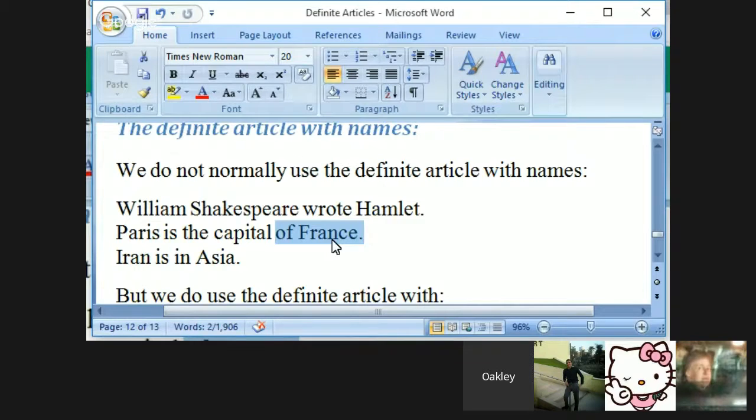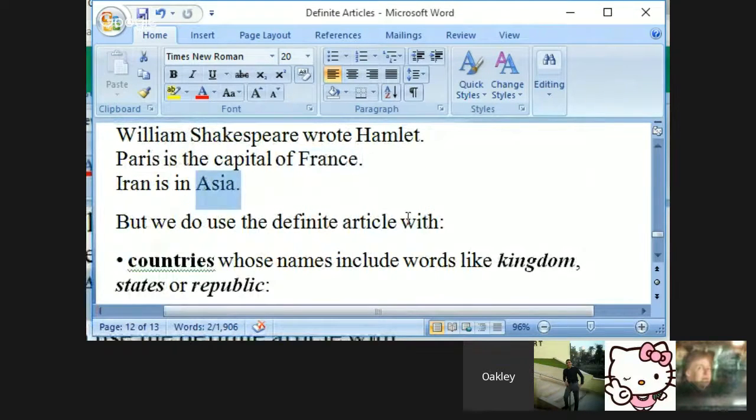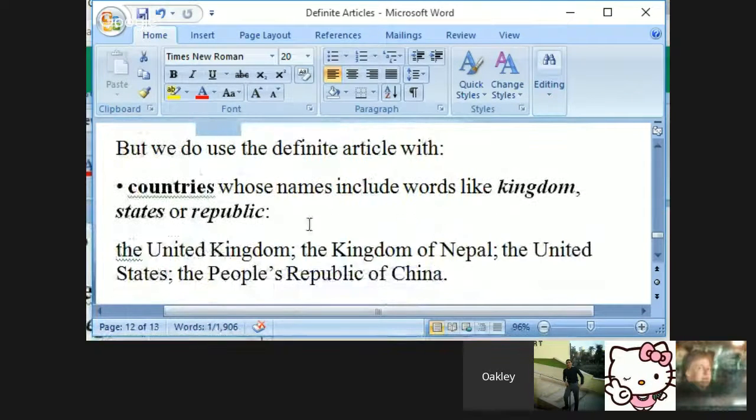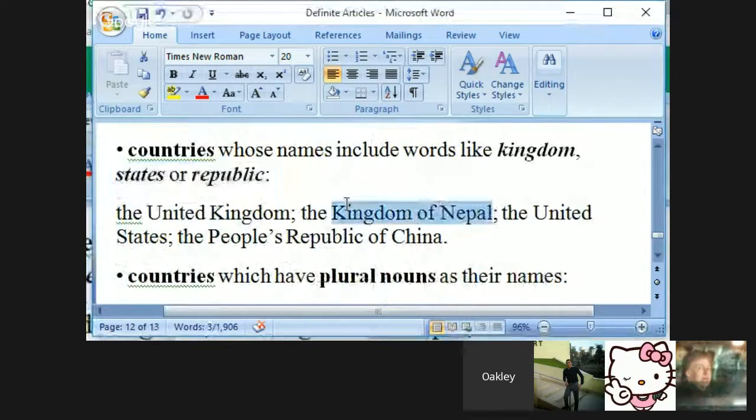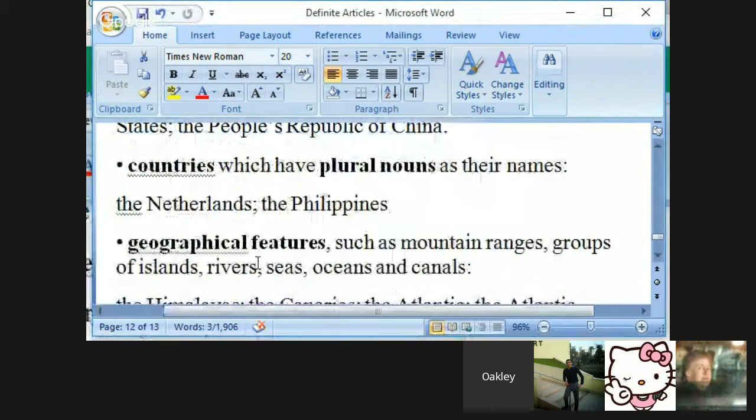If it doesn't have some kind of word that describes parts, then country names, no article. Continents, no article. Iran is in Asia. However, as I said, Kingdom, States, Republic: the Kingdom of Nepal, the Republic of China. Countries which have plural names, plural nouns as their name: the Netherlands, the Philippines. Okay, there they are.